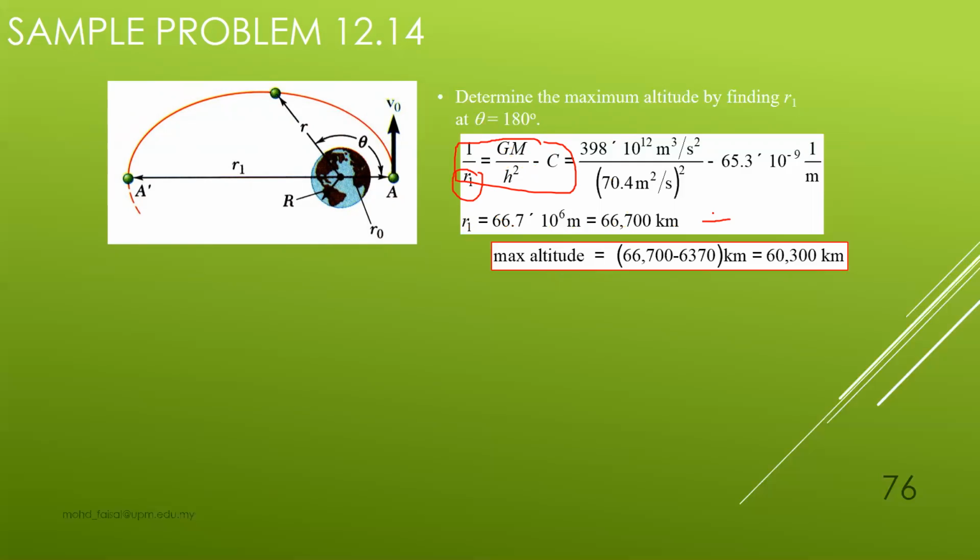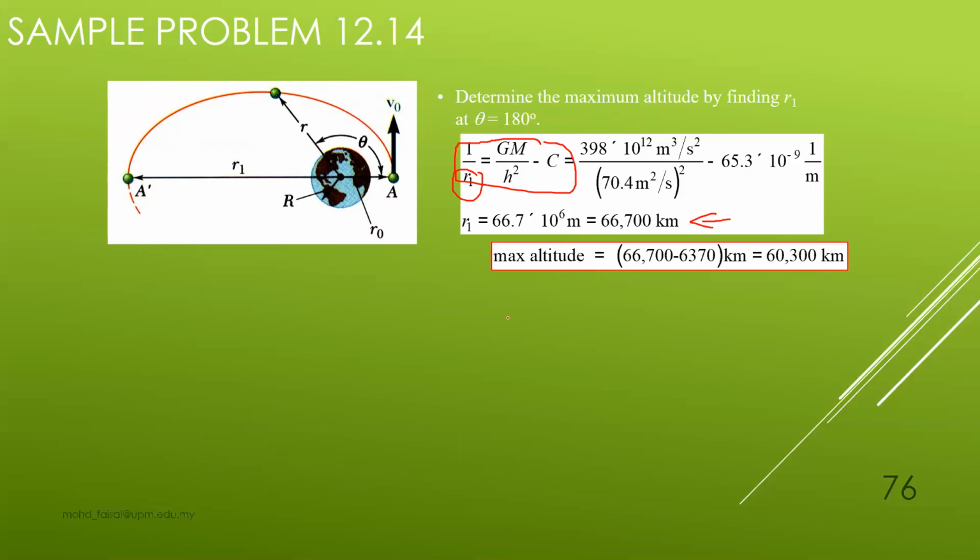After substituting all the values, including the value of C, you get this R1, the maximum altitude that this particle can reach.